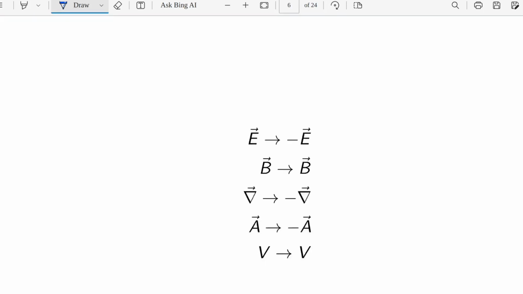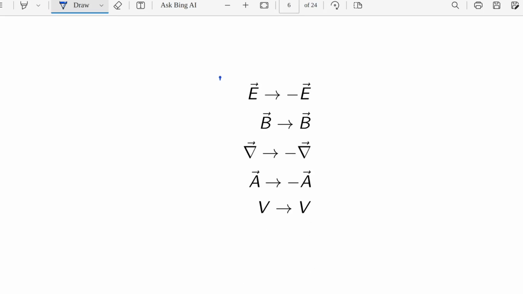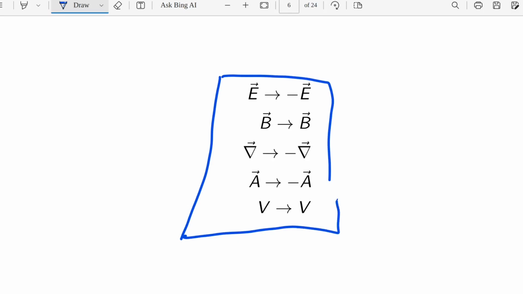Now also, what is this one? This is nothing but a list of parameters that are even or odd under parity. I have just mentioned a few of them because these are most useful in any type of competition exam.